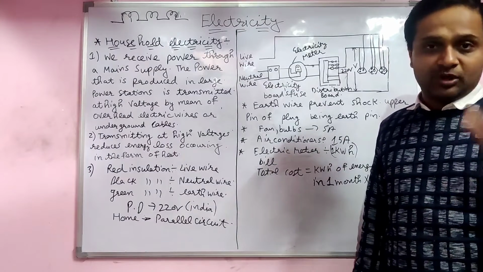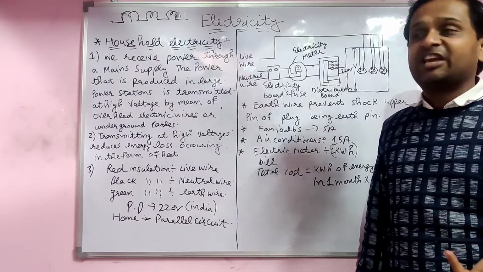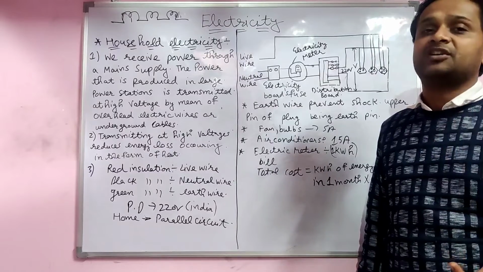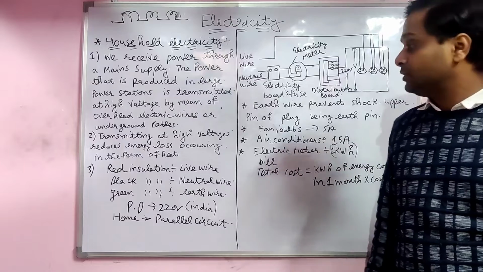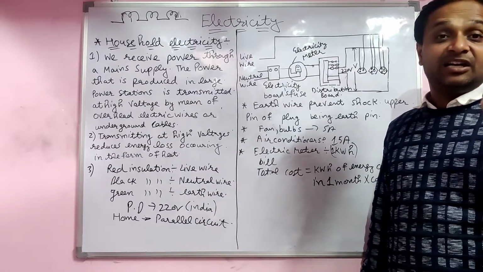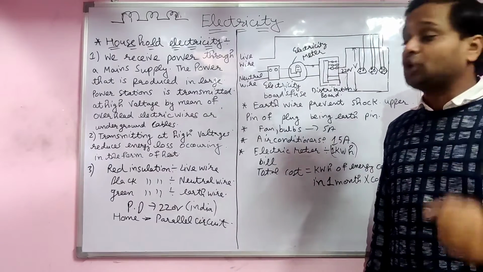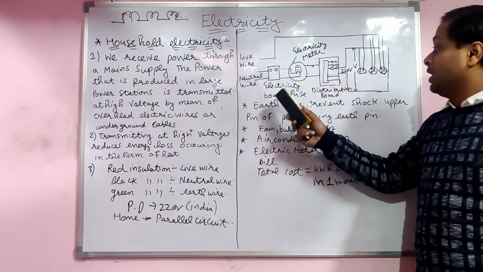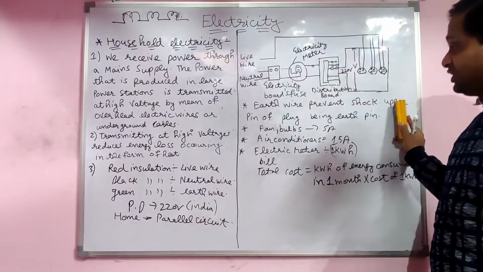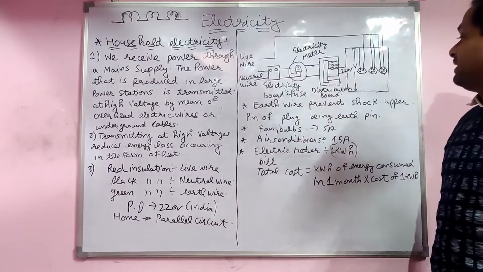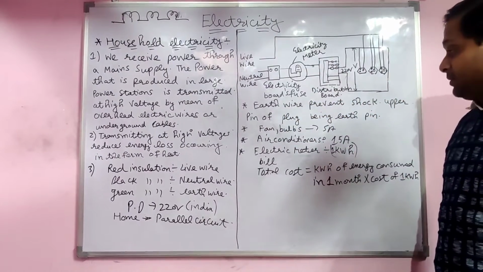Then any leakage of current or charge goes through that wire to the metal plate to the earth, and that decreases the chance of shock. So see here, this is the parallel circuit. The earth wire prevents the shock, the upper pin of the plug being the earth pin.